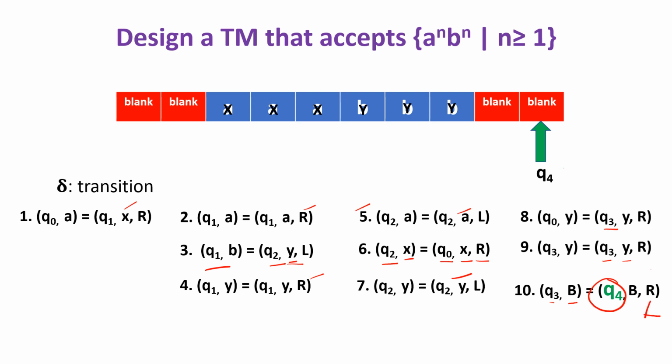So once the input is consumed, you have reached the final state. The string AAA BBB is accepted. So these are the 10 delta transitions written in order to design the Turing machine.